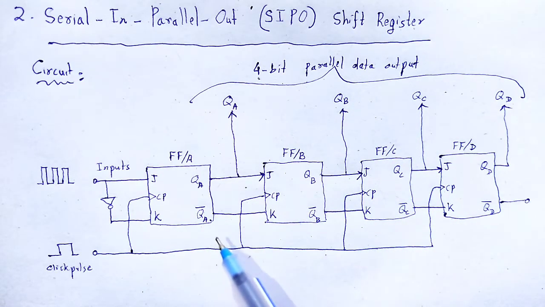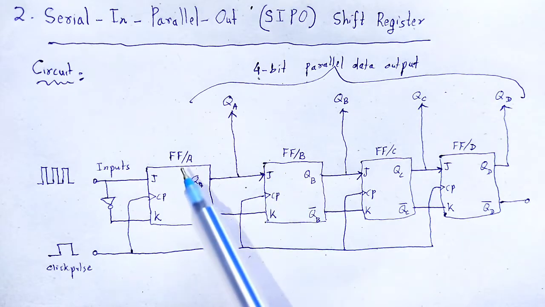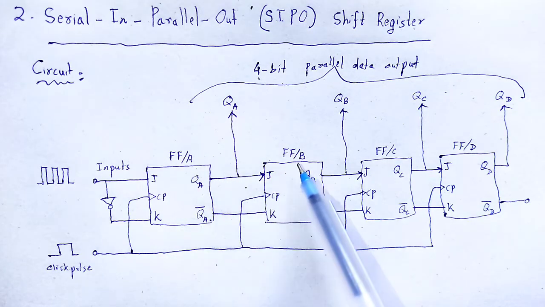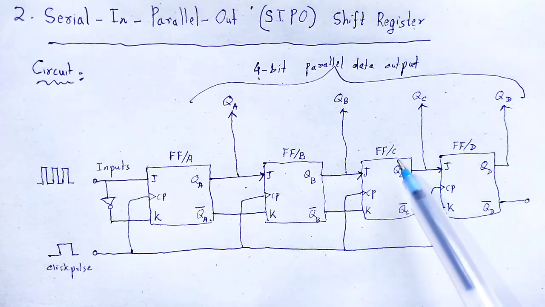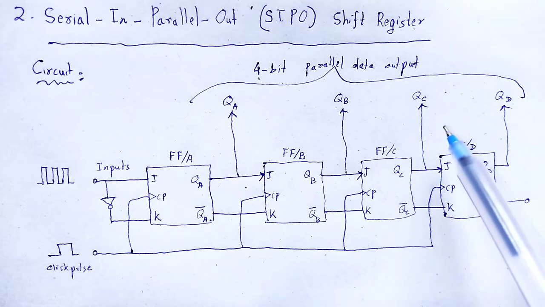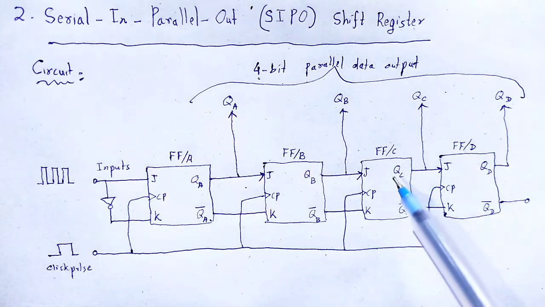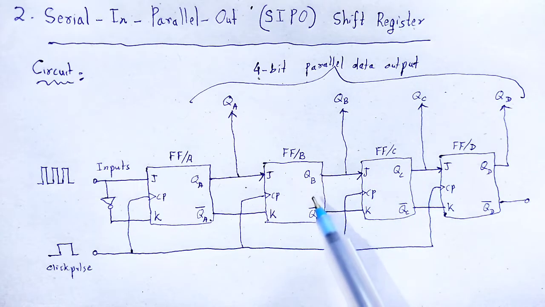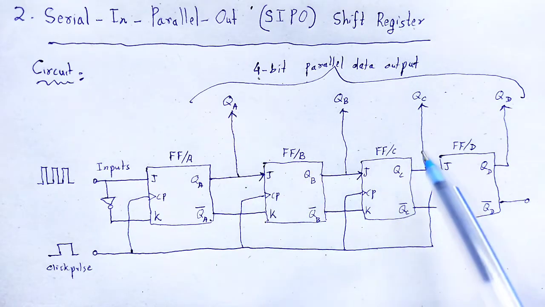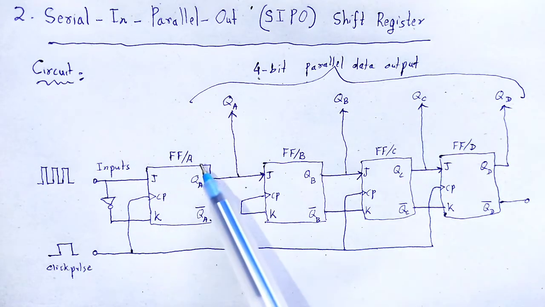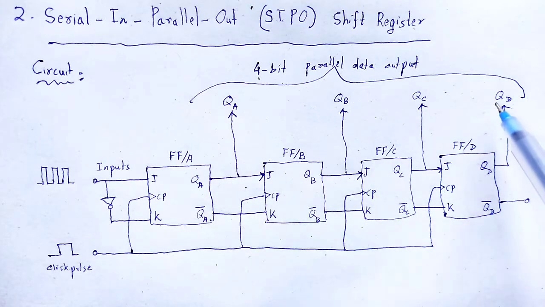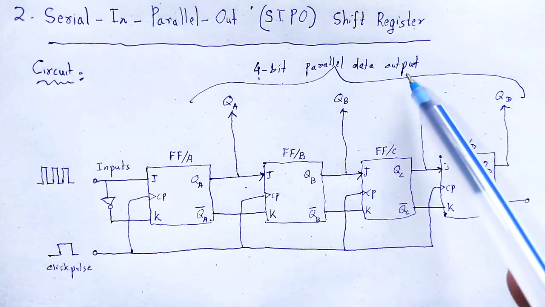They are interconnected in such a manner that the output of flip flop A is transferred to flip flop B, the output of flip flop B is transferred to flip flop C, and again the output of flip flop C is transferred to flip flop D. The data bits are fed to the register one after another as the input of flip flop A. Finally, the data value can be read directly from the 4 outputs QA, QB, QC, QD as 4-bit parallel data output.